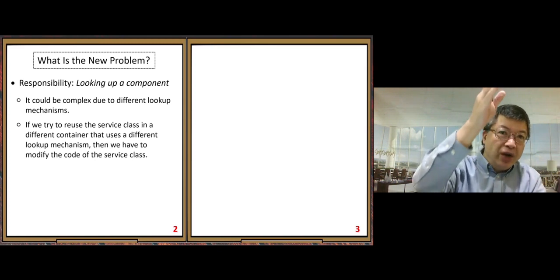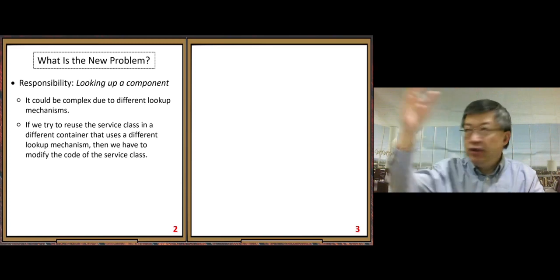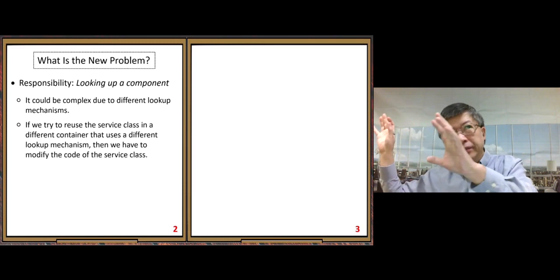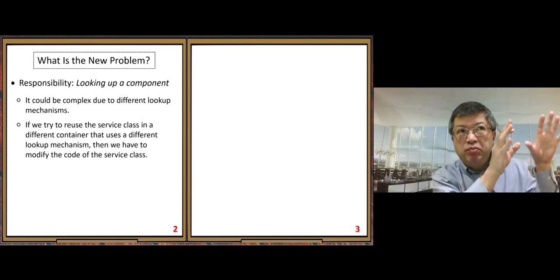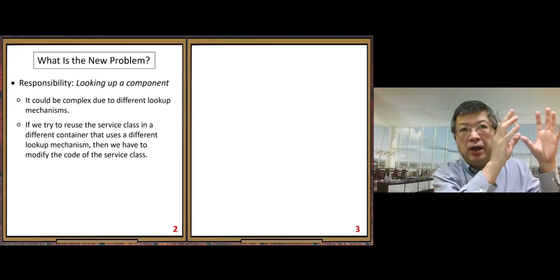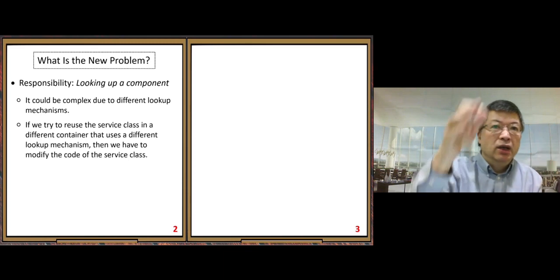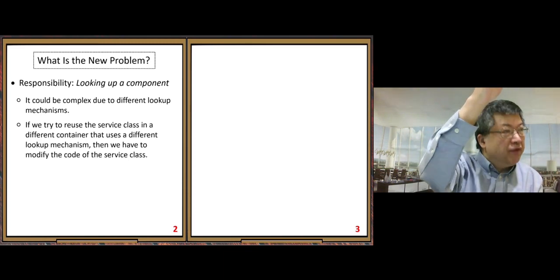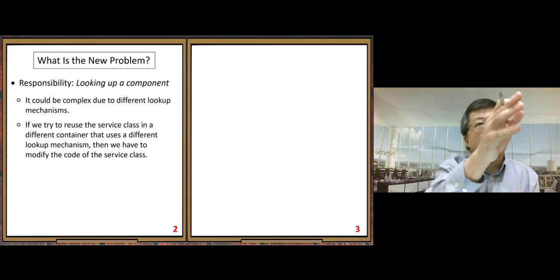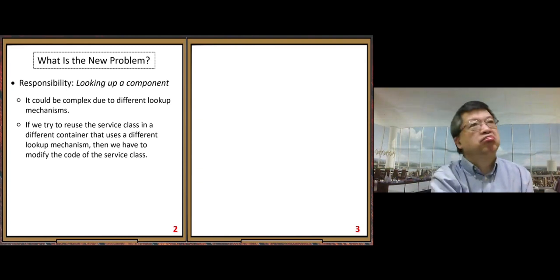All right. If we try to reuse the service class in a different container, a different project, later when we want to develop another project, but the service class is pretty close, we try to reuse it. But this time we need to consider, if our new service class needs a new lookup mechanism, how do we make the switch?